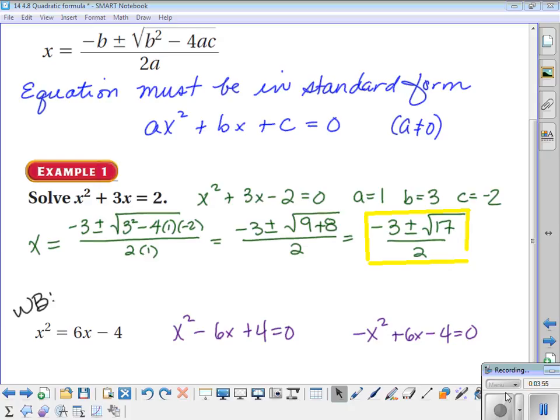Most of you were saying x squared minus 6x plus 4 equals 0. A few of you went the other way and said negative x squared plus 6x minus 4. Either way, you will get the same answer.